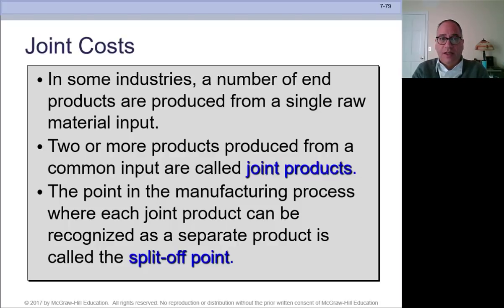So they really try to set it up so that very little of the carcass of the animal is wasted. They use everything they possibly can, and that would be an example of a joint cost, because what you would do is you would slaughter the animal, and then the butcher would cut the animal into all sorts of different sellable products.